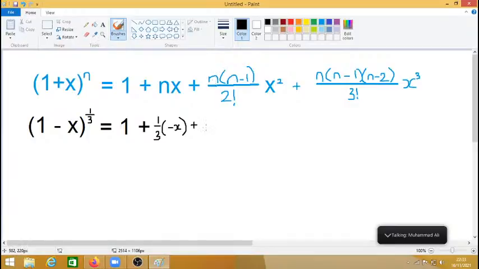So on the top, we've got, starting with n, which is 1/3. But then what does it get followed by? What does it get timesed by? We've got to take off 1 from the power of 1/3. So I'm going to have to times that by, so I'm doing this bit here, n times n minus 1. So 1/3 times. Now I need to drop 1/3 by 1. So remember, 1 is 3/3.